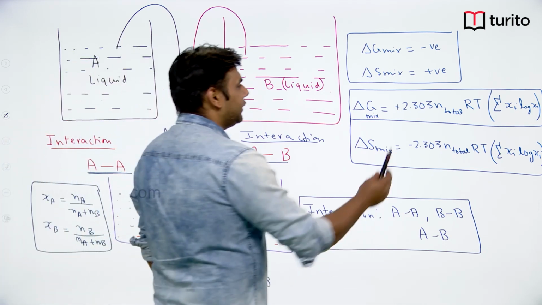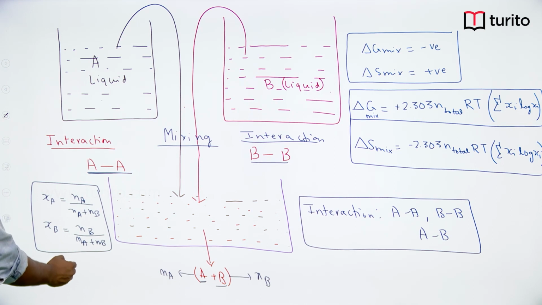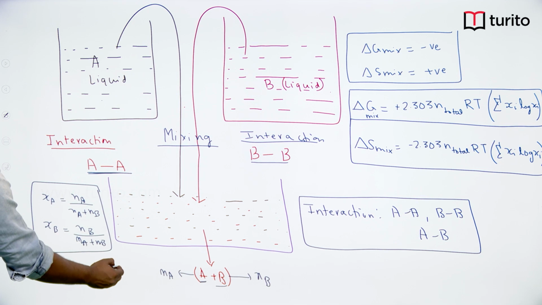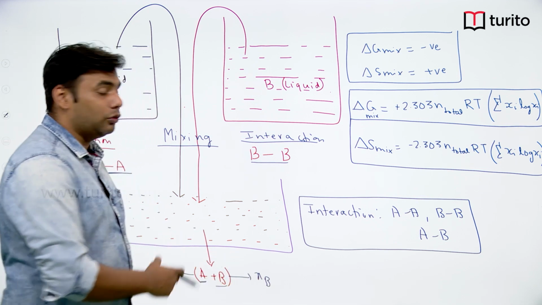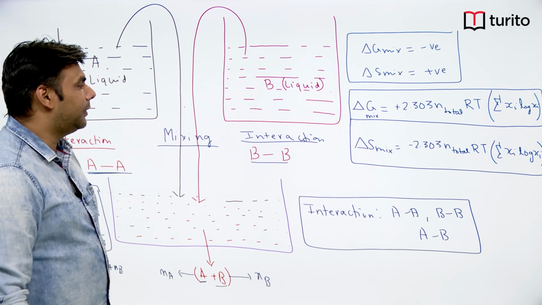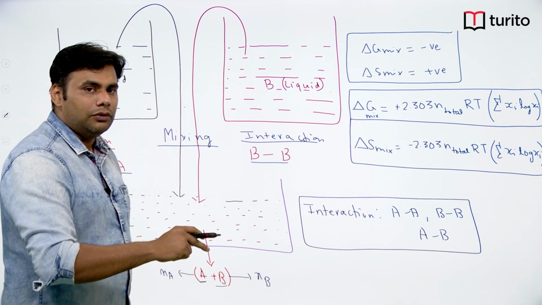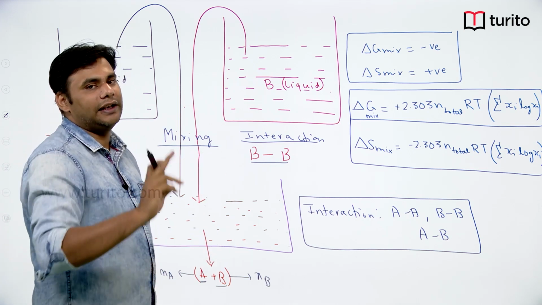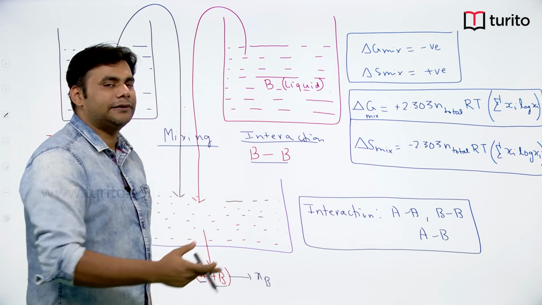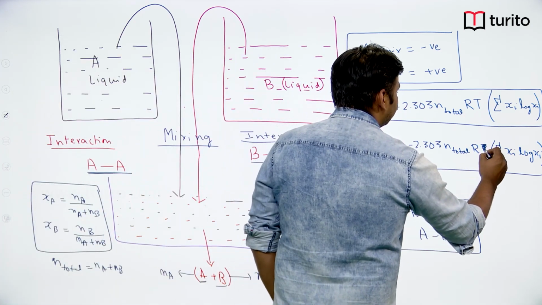N total is Na plus Nb, the sum of the moles of all the components, into R, the gas constant, into temperature, into the summation of Xi, and there are two components here. So the formula would become 2.303 N total RT into XA log XA plus XB log XB. Similarly, delta S mix would become minus 2.303 N R. This is not a T term here.